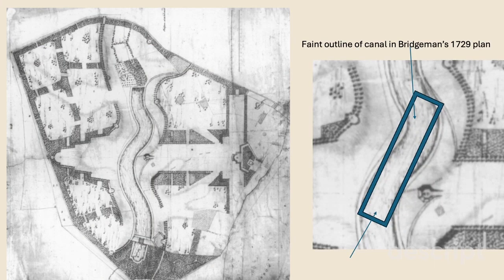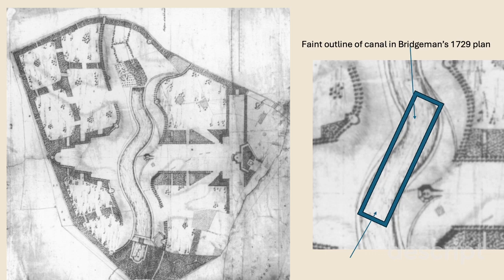So here's Bridgman's plan, which I've turned on its side so we're a little bit more familiar with it. So it's north, roughly towards the top. Bridgman's Serpentine Lake is there in the centre. That was never built because the geology proved impossible. But if you look very carefully at the zoom in that I've done on the right hand side, you can see that on Bridgman's plan there's an outline of a straight canal of exactly the right dimensions in exactly the right place.